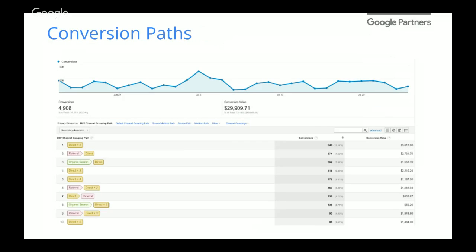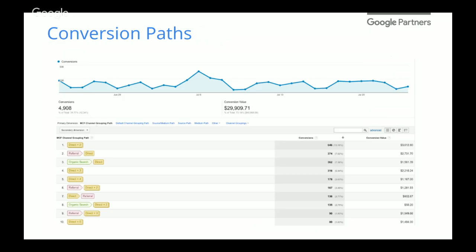And finally, a very interesting sub-tab here is conversion paths. So this is once again conversions, multi-channel funnels, and just conversion paths. This shows you the unique conversion paths that actually led to conversions, the number of conversions from each individual path, and the value of those conversions. Let's take for example number 2 and number 3.